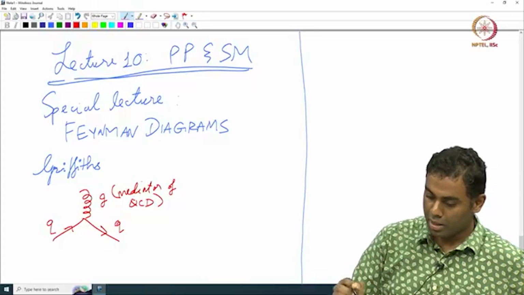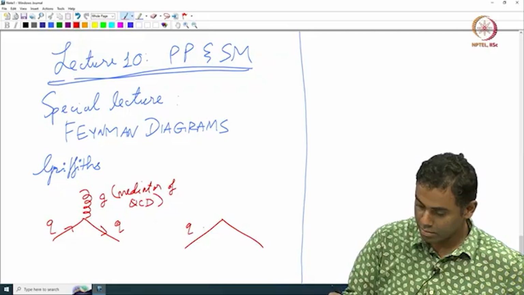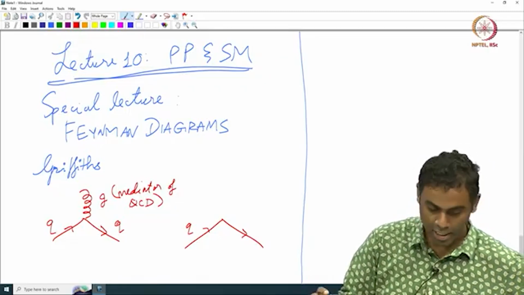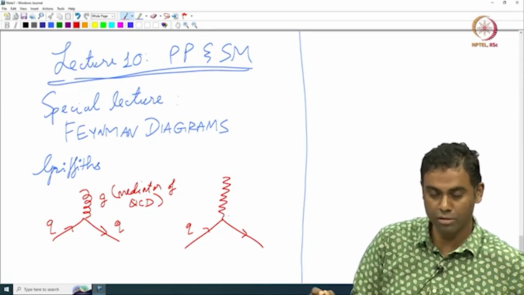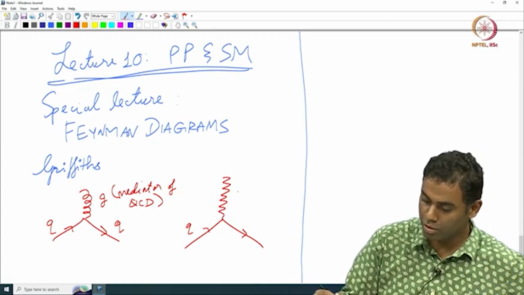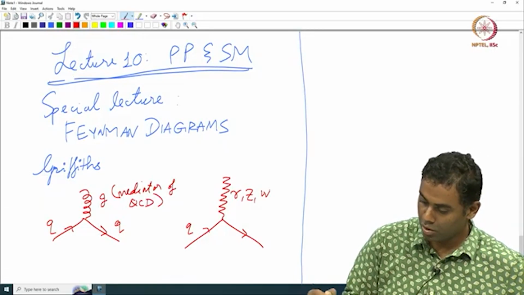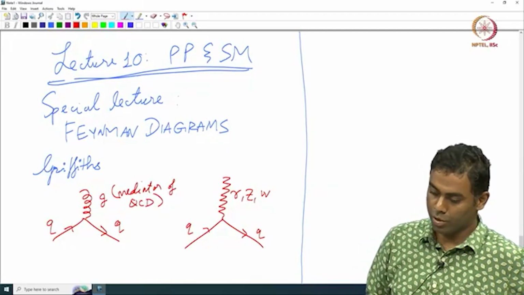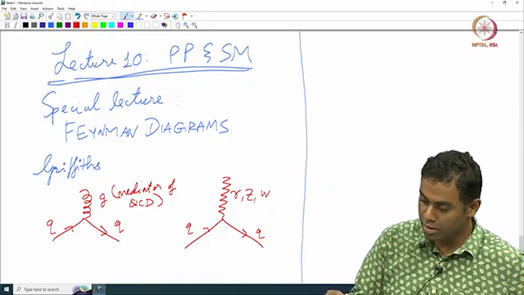Now, quarks, it turns out, also take part in the electroweak interactions. So, I can also draw a photon or a Z boson or a W. And I denote these other gauge bosons with this kind of a squiggle.